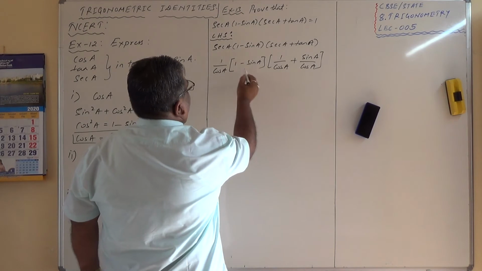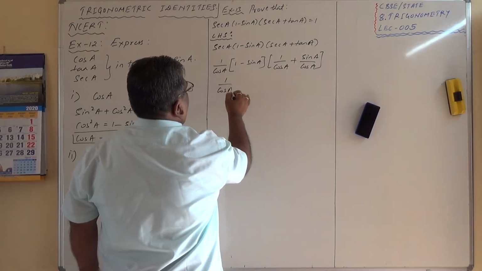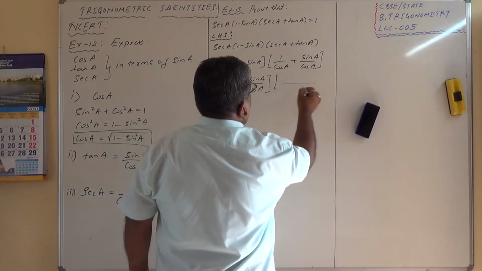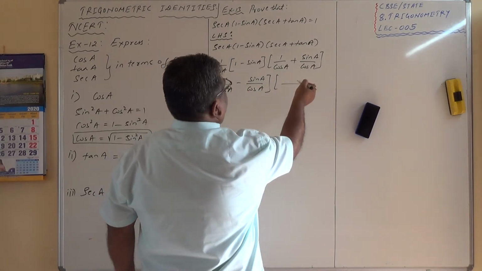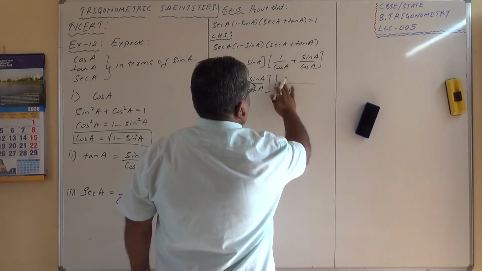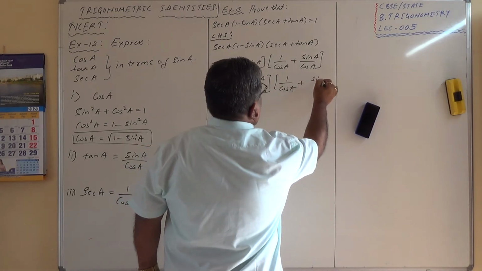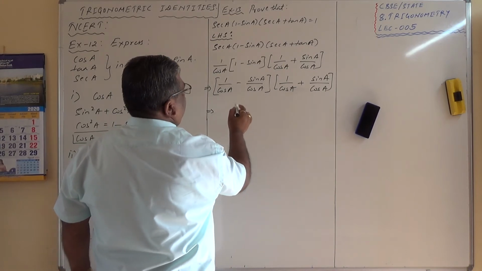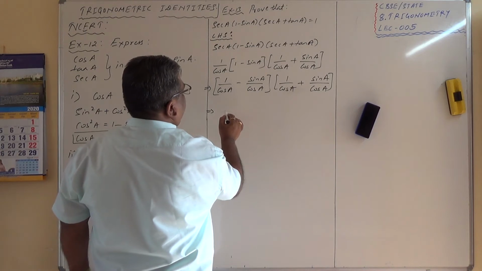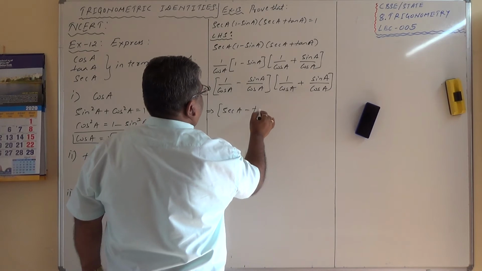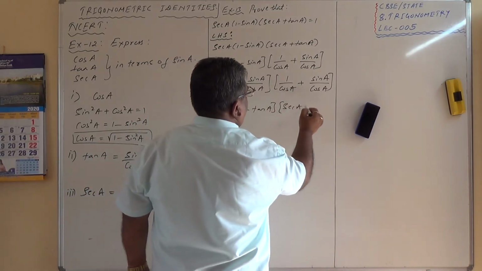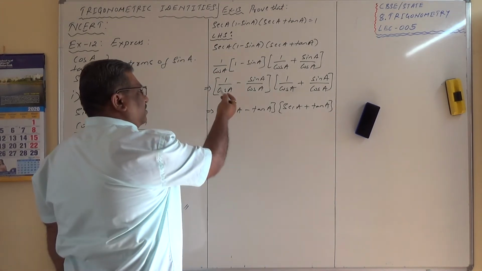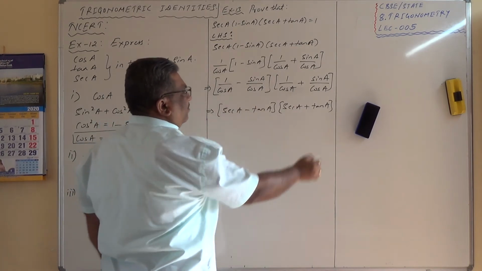So let me take over here, multiply this also, I will say 1 by cos A minus sine A by cos A. This is one part, and here it is cos A. If I take 1 by cos A plus sine A by cos A, this implies 1 by cos A is sec A minus tan A into bracket sec A plus tan A. See, for these things you need not write the results whenever, why we are changing like this, because everyone knows, the one who evaluates also knows that 1 by cos is sec A. No need to write these things into bracket why we are doing like this.